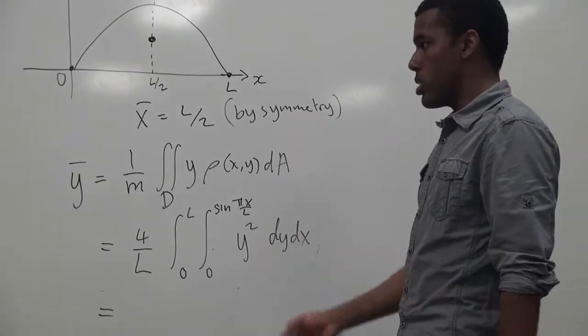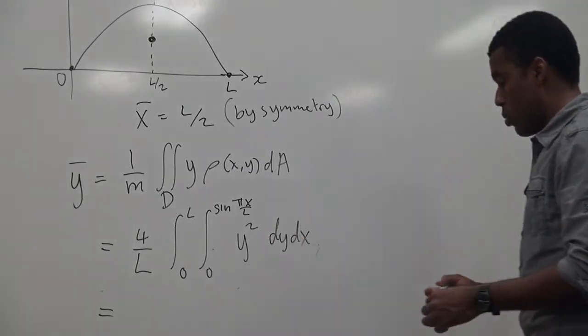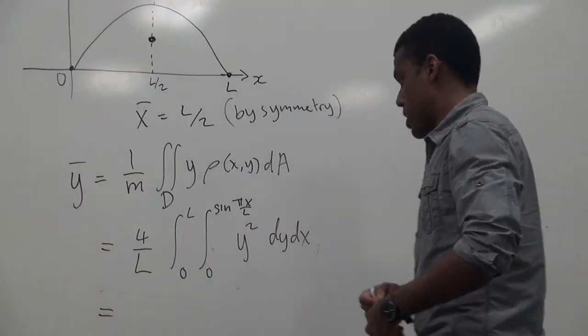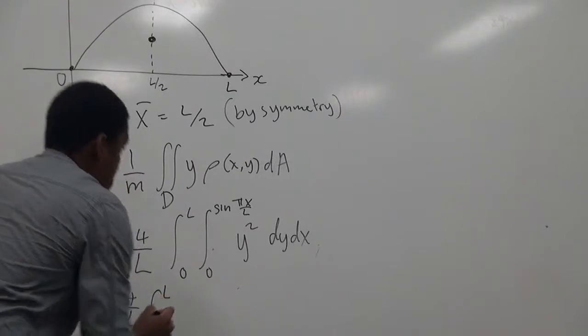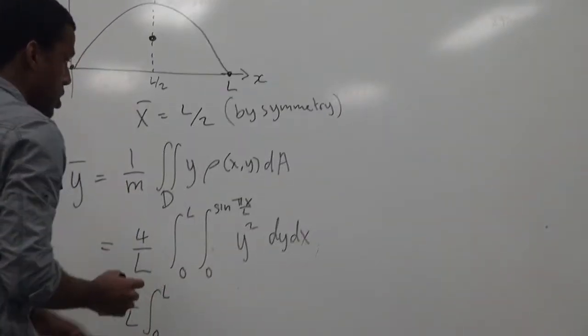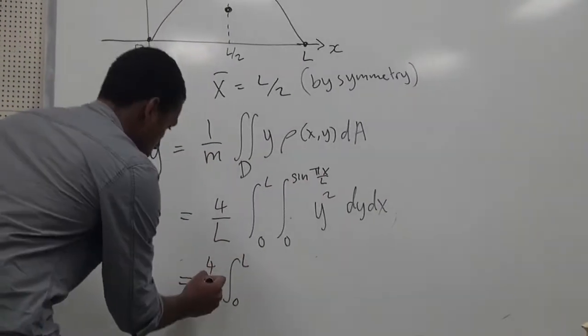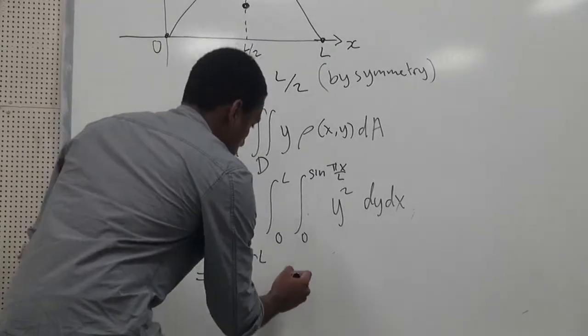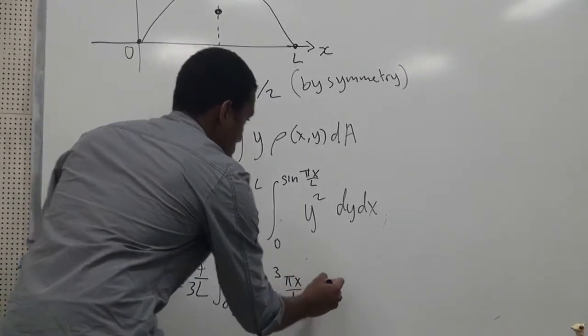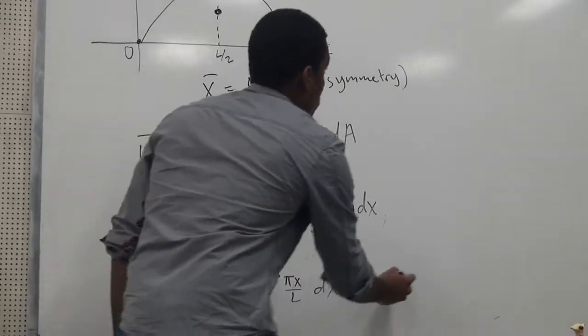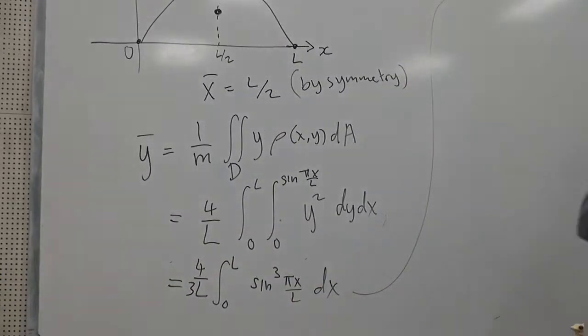Now I do the same thing, but now I have y squared, so I'm going to integrate that. This would be y cubed over 3, and then this would be sine cubed of pi x over L. How do you integrate sine cubed?